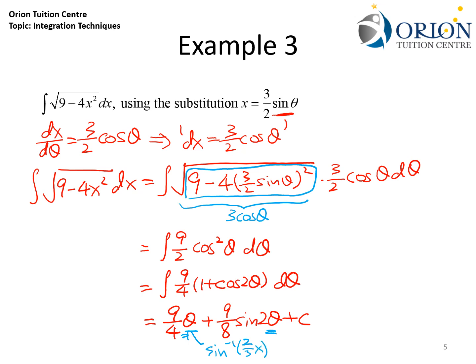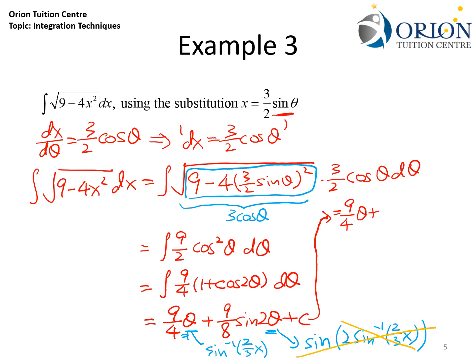We cannot simply change it into sine of 2 sine inverse 2/3 x, because this form is not very nicely written, so we tend not to want to use it. What we can do is, first, transform it slightly using the double angle formula.